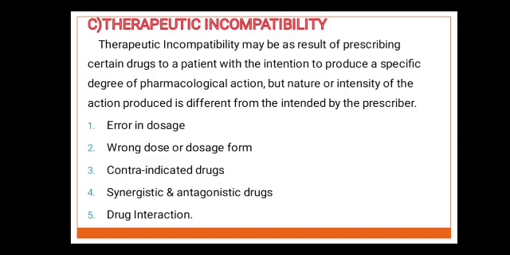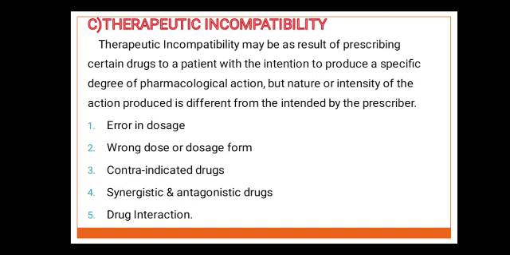Now we will start with the therapeutic incompatibility, or we will discuss the therapeutic incompatibility. A therapeutic incompatibility may occur as a result of prescribing certain drugs to a patient with the intention to produce a specific degree of pharmacological action, but the nature or intensity of the action produced is different from that intended by the prescriber.